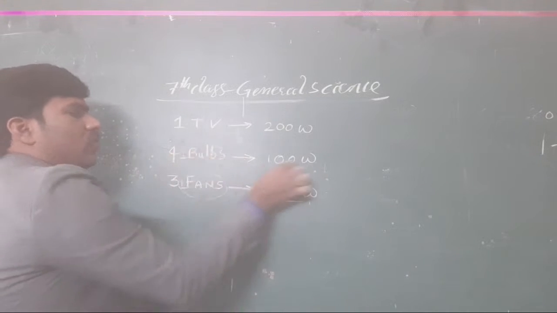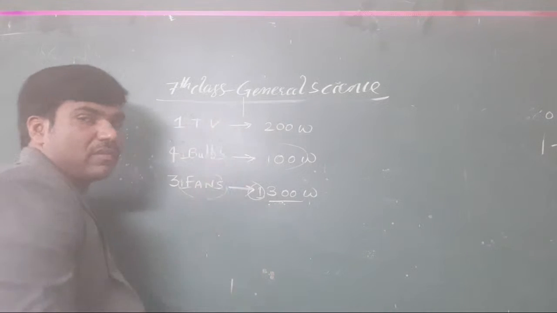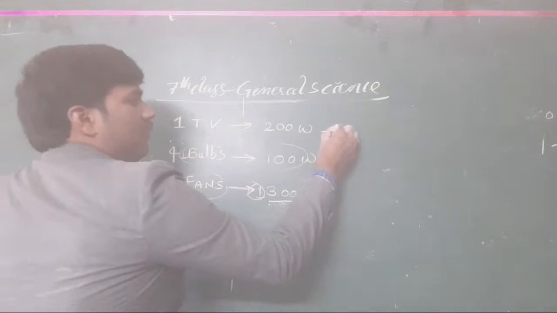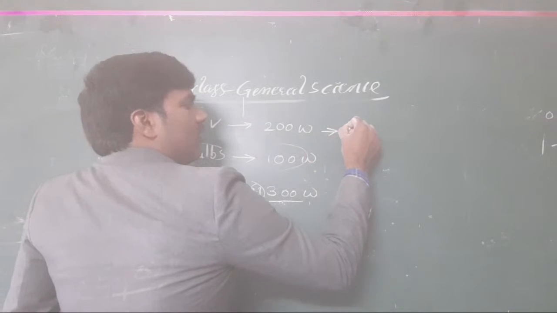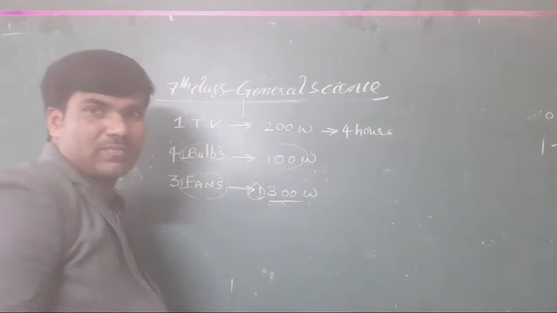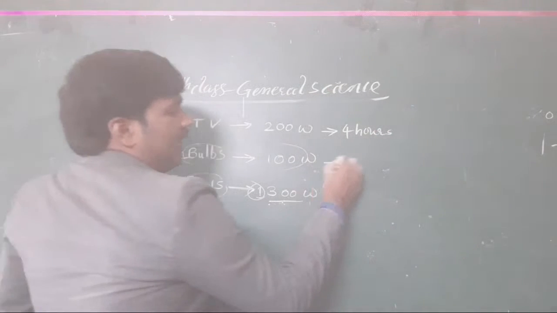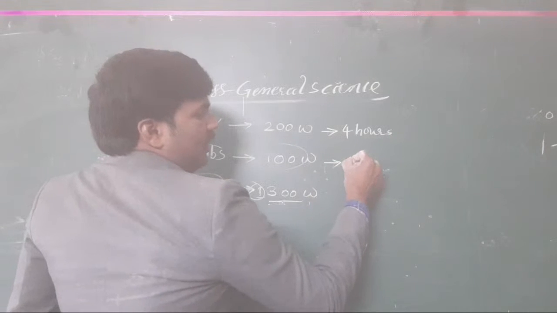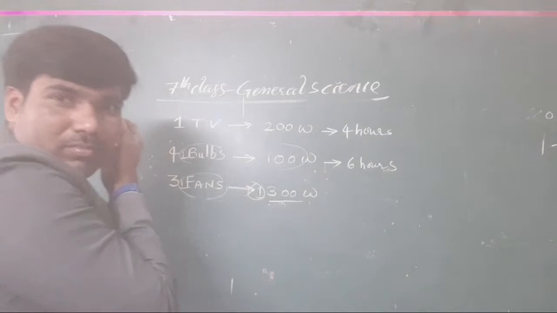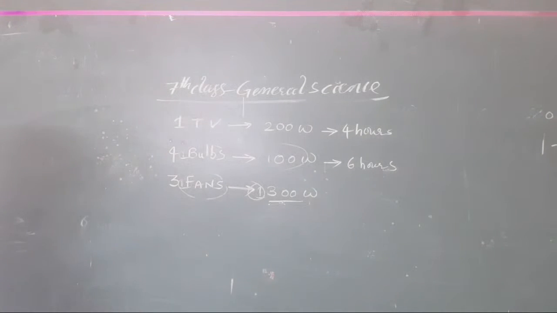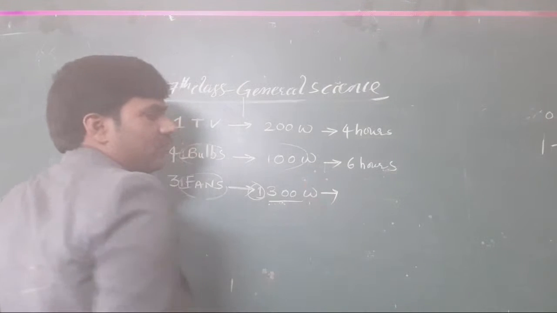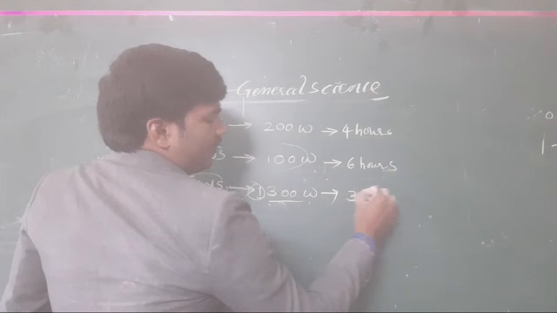One fan works for 300 watts, one bulb works for 100 watts, TV works for 200 watts. The TV will work for 4 hours per day. The bulb works 6 hours and the fan works 3 hours.